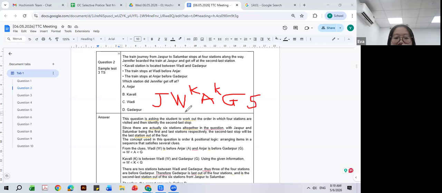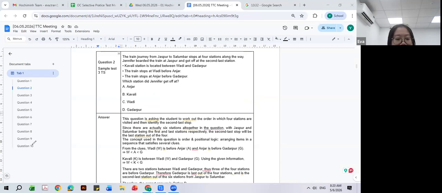Jennifer got off at the second last station, and we see that the second last one is the Gadapur. So the correct answer is option D.